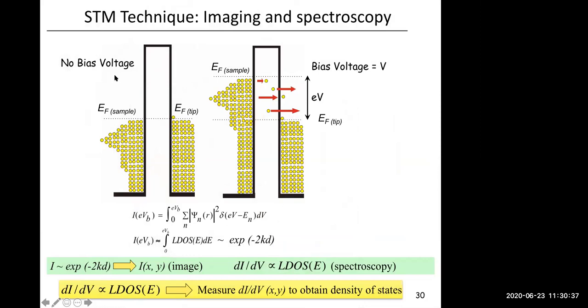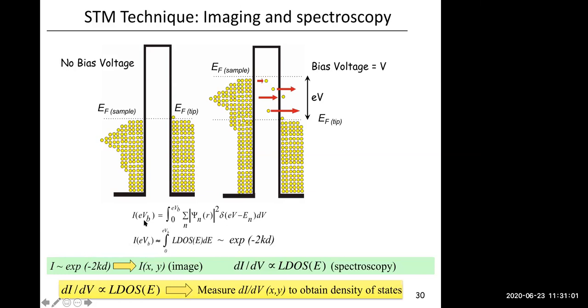The STM technique is very easy to visualize. When you first bring the sample and tip in close proximity, the Fermi energies of the two line up. Then when you apply a potential difference between the sample and the tip, you can imagine in this case, for example, electrons can tunnel from the filled states of the sample to the empty states of the tip.